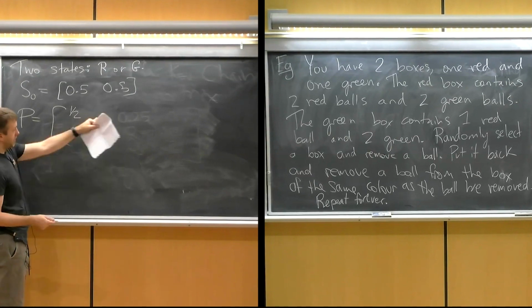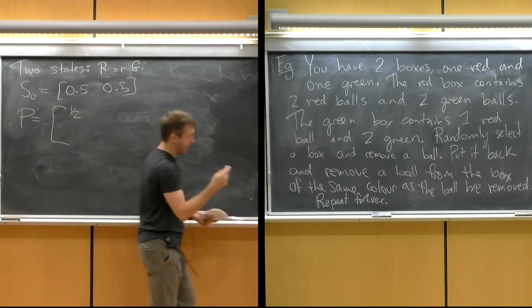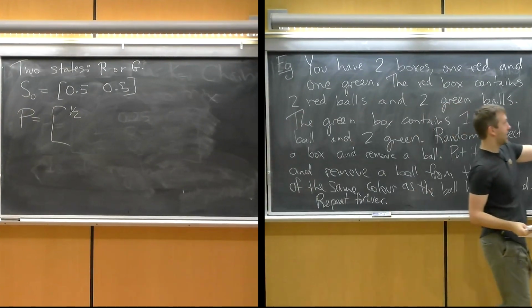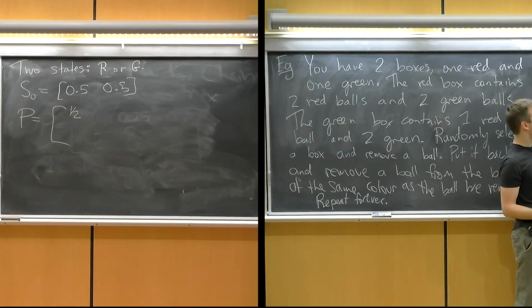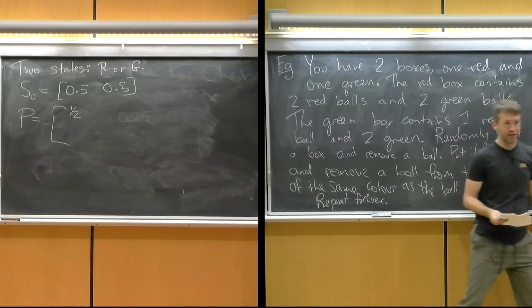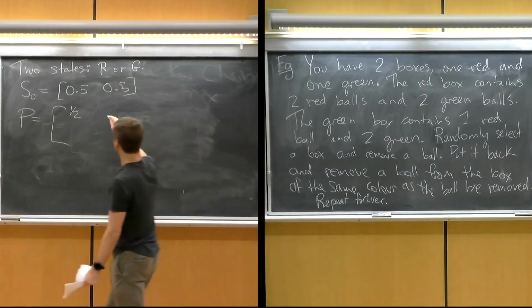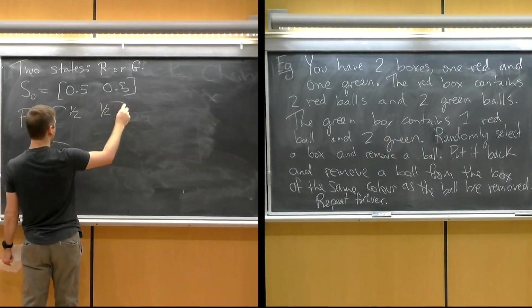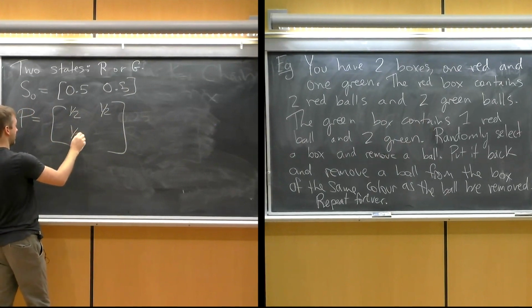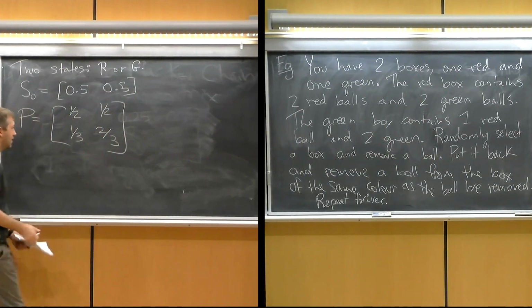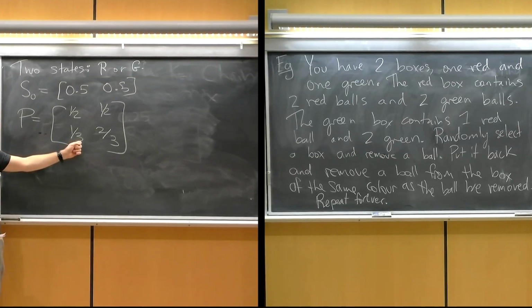So this 1/2 comes from the fact that if my current state is red, I'm picking from this box, I've got a 50% chance of getting a red ball, 50% chance of getting a green ball. And then this has to be a 1/2 as well. And then I've got a 1/3, 2/3 chance. If my current state was green, only 1 out of the 3 balls are red in the green box. Okay, so that's the matrix, and those are the matrices.